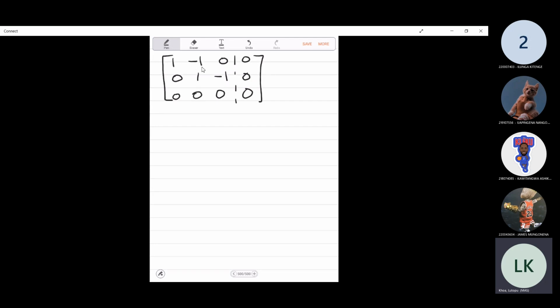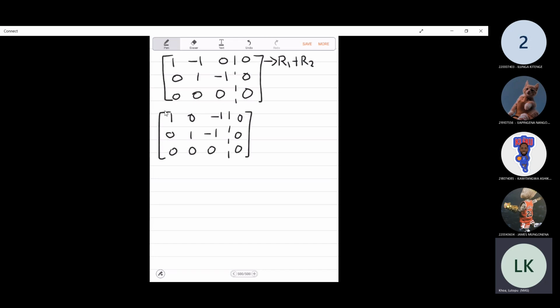Just say row 1 plus row 2. One, 0, minus 1, and 0, 1, minus 1, 0, 0, 0, 0, 0.